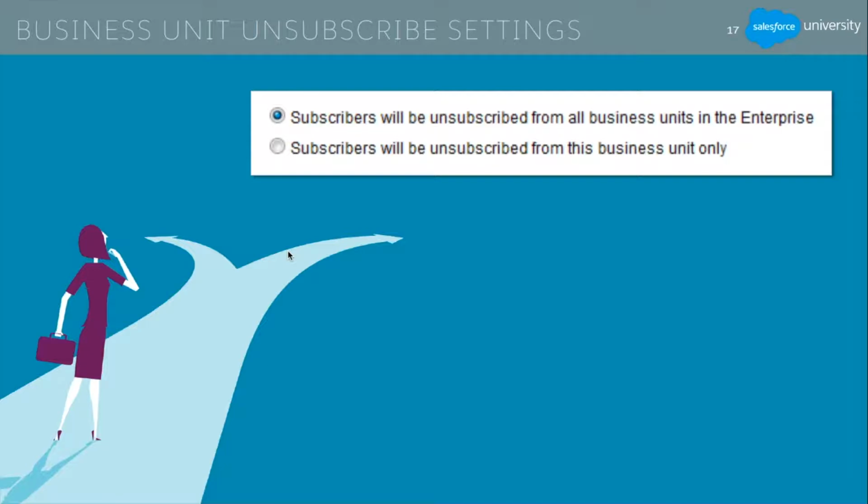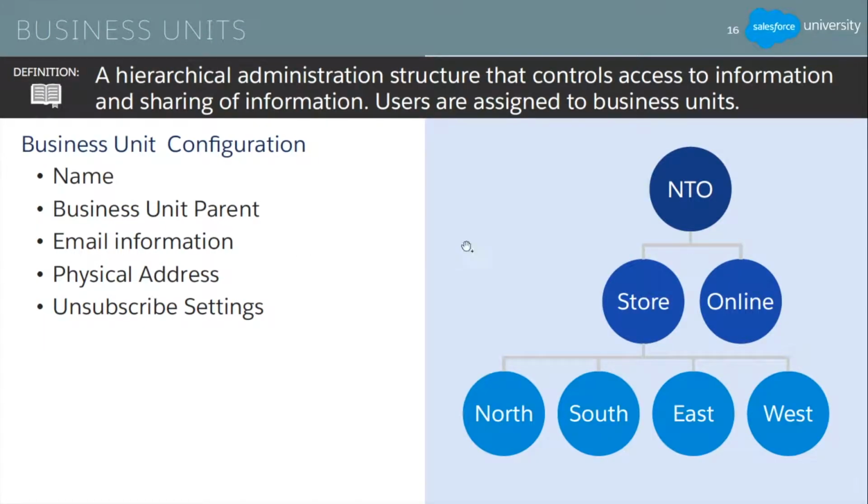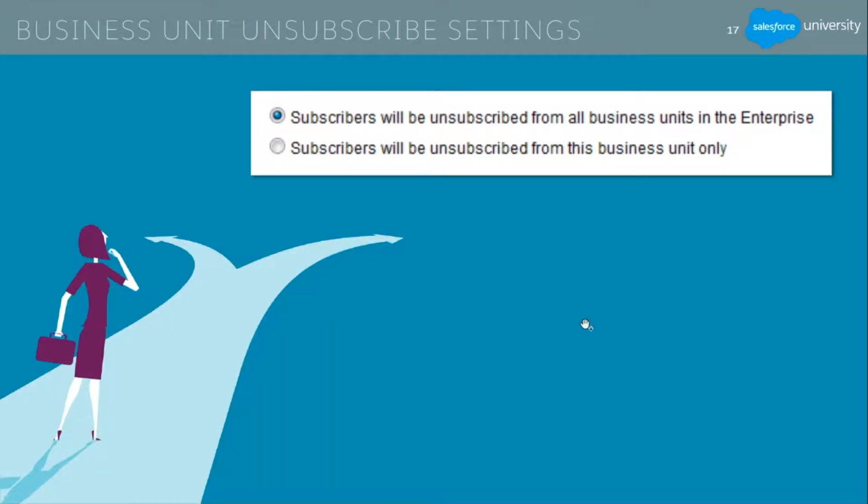What that unsubscribe setting does is it essentially tells us, hey, if someone unsubscribes from an email sent from this business unit, do we want to unsubscribe them from all of the business units in this account, in this enterprise, or only this one business unit? This depends on the way the account is configured.